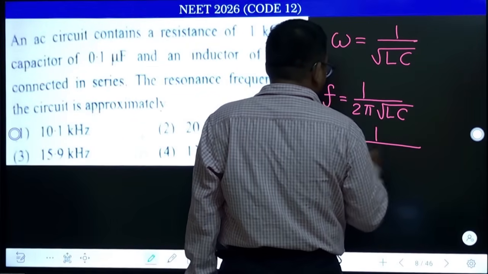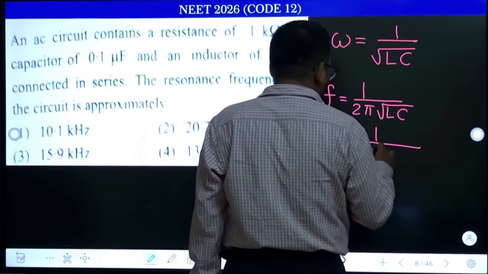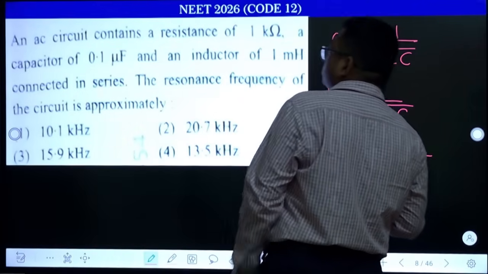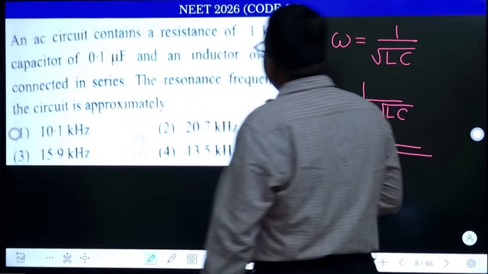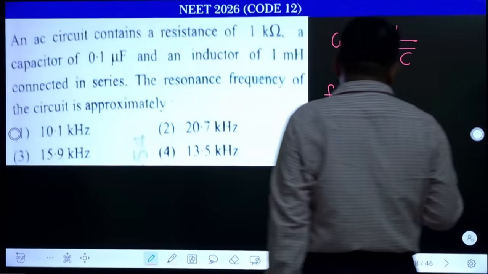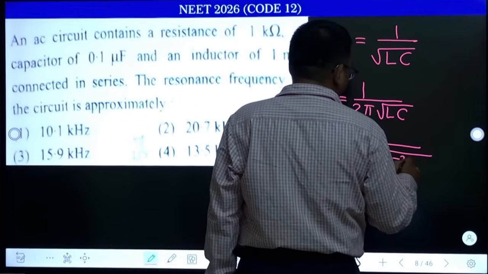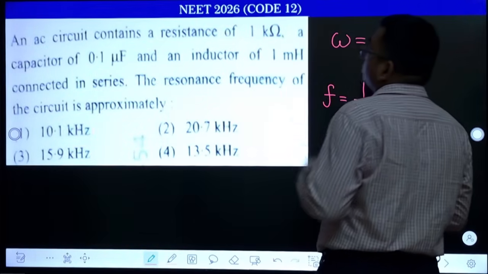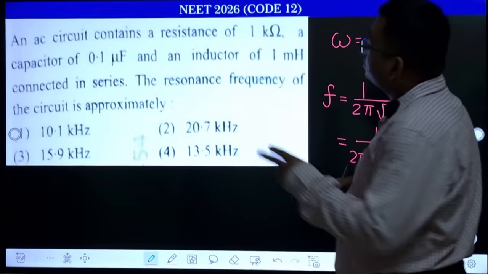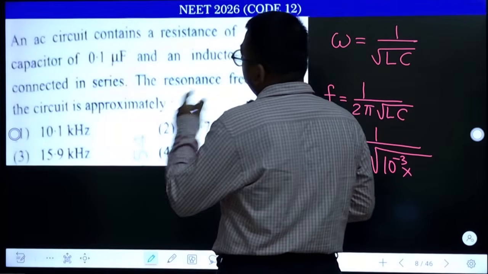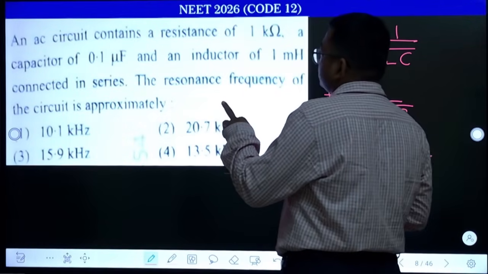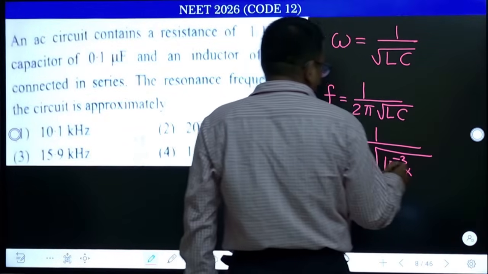So 1 by 2 pi root under L. L, the inductor, is 1 milli, 10 to the power minus 3. Capacitance is 0.1 micro. Micro means 10 to the power minus 6, so it is 10 to the power minus 7.